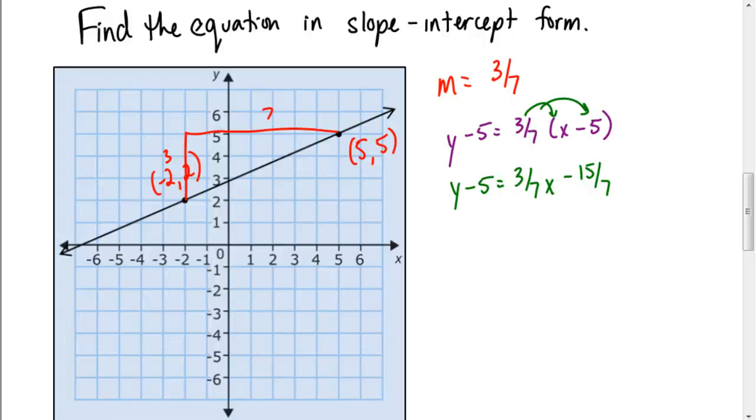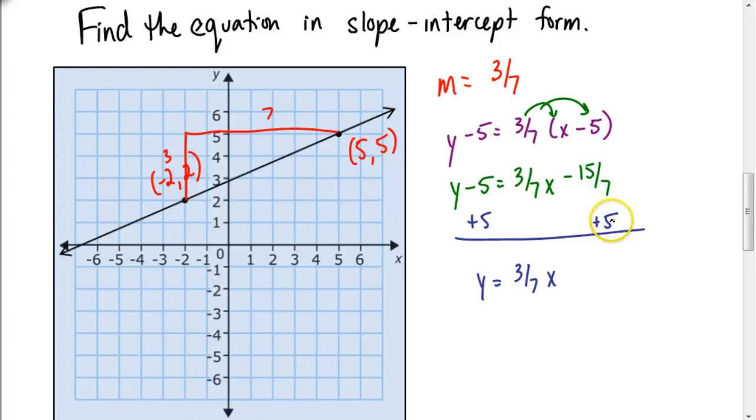So now my next step is to get the y by itself. So to do that, I'm going to add 5 to both sides. Now we want to be careful because I can't add negative 15/7 plus 5. So I'm going to change this 5 so it's going to be a fraction with a common denominator of 7.